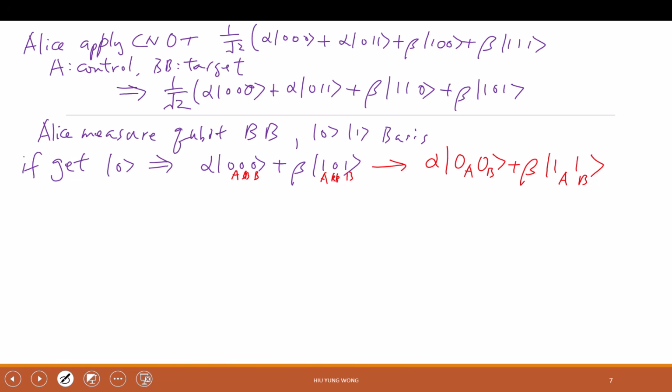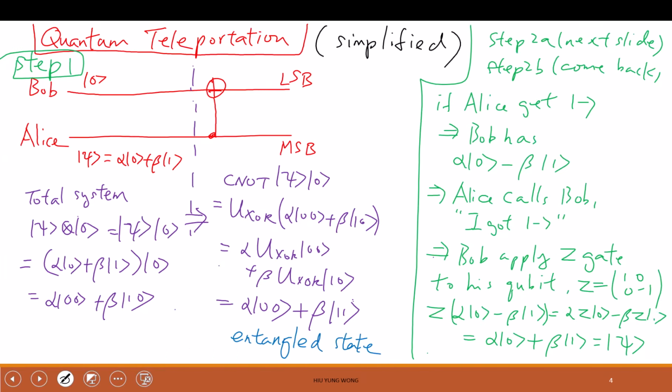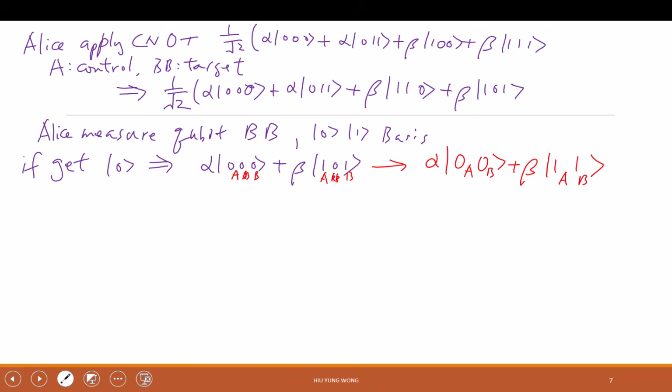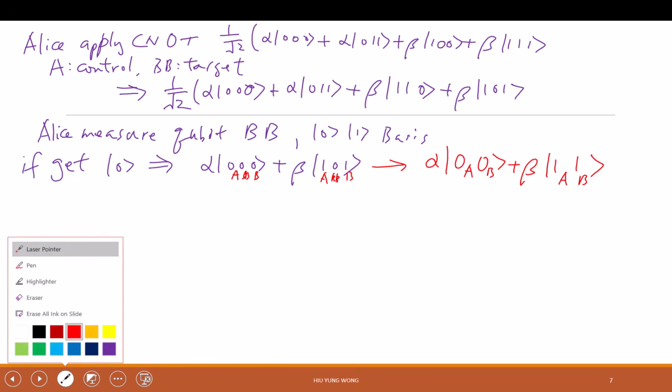Okay? But what is this? Look at this. When we do the entanglement in this simplified version, our goal is to get alpha 00 plus beta 11. And we do get alpha 00 plus beta 11, right? So what will Alex do?